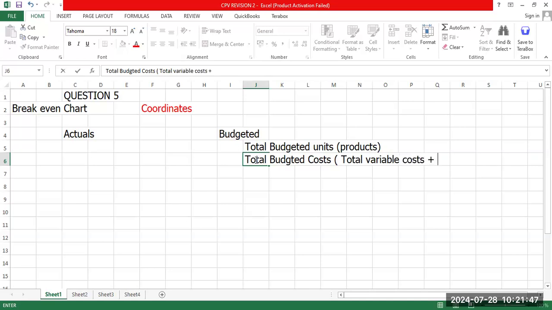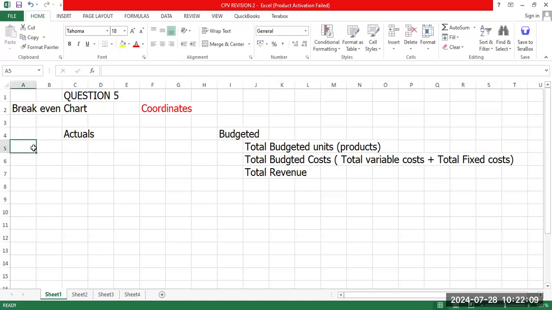Then you add total fixed costs. Then you will need total revenue.